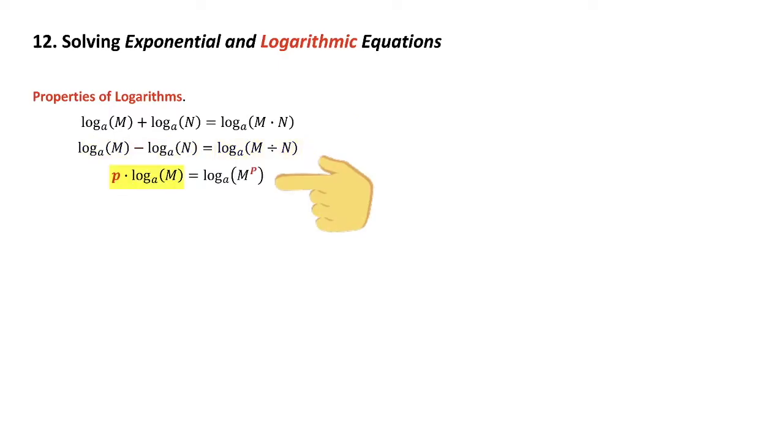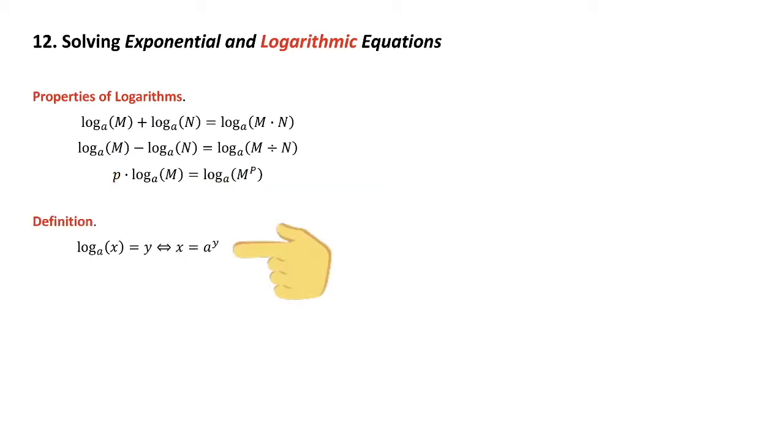And if you have a constant out front, it becomes a power inside. These are the keys to solving our problems. It has to fit these forms, and then we're going to use the definition. Notice in order to use the definition, everything has to be reduced to a single logarithm term.